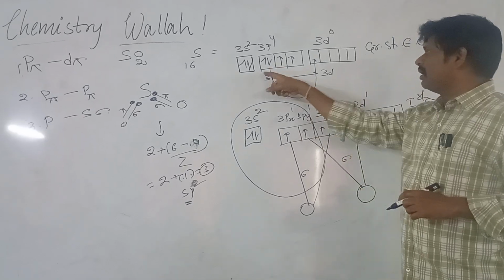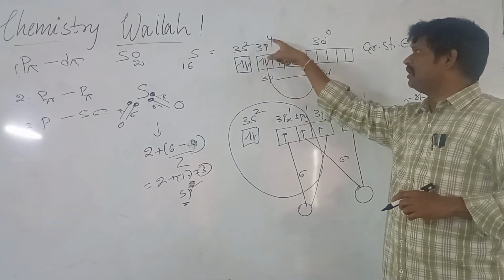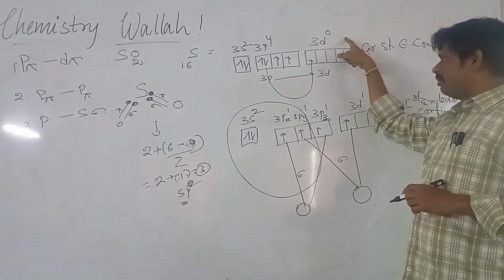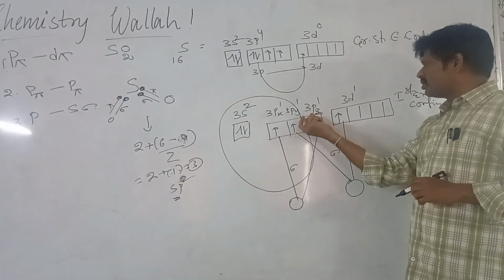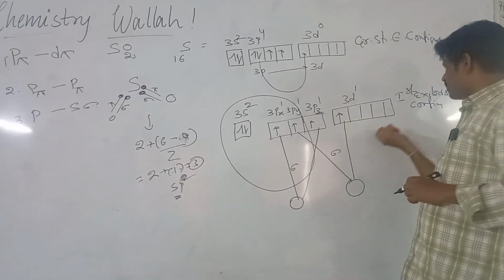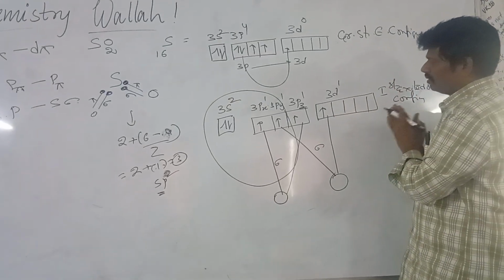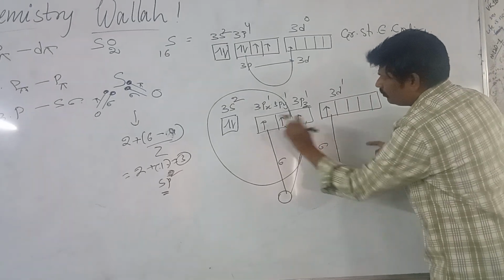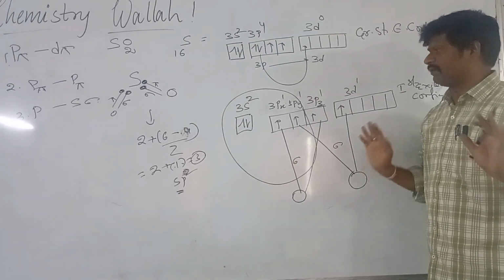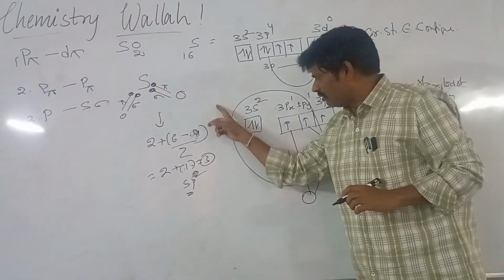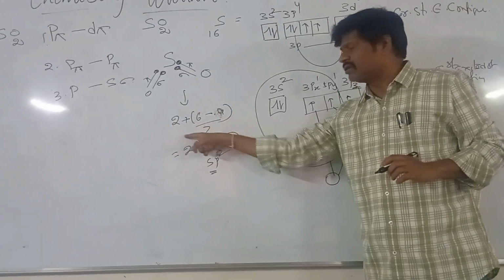That's why one electron is transferred from the 3p orbital to the 3d orbital. Just one electron shift takes place, so this is the first excited state configuration. In the first excited state configuration, we have 1, 2, 3, 4 single electrons. So it is enough. Now let us see the hybridization according to the hybridization formula.